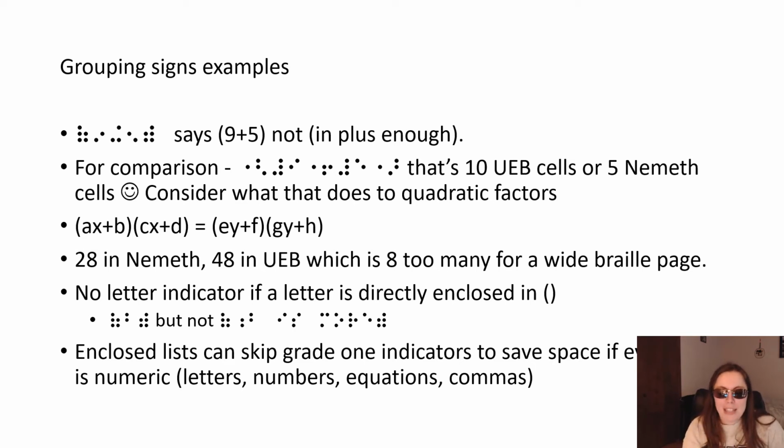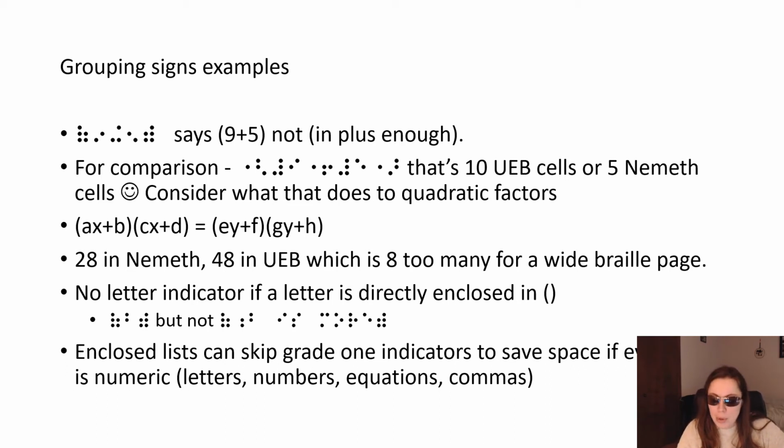So if you just take a minute to consider kind of basic quadratic factors, not a normal part of 3rd through 5th grade, but the extension of this 4th and 5th grade skill when you get to pre-algebra and algebra, those quadratic factors, the pairs of added things, being equal on both sides, even if it's just ax plus b times cx plus d equals ey plus f times gy plus h in their parentheses, so like a standard set of quadratic factors, that's 28 cells in Nemeth.